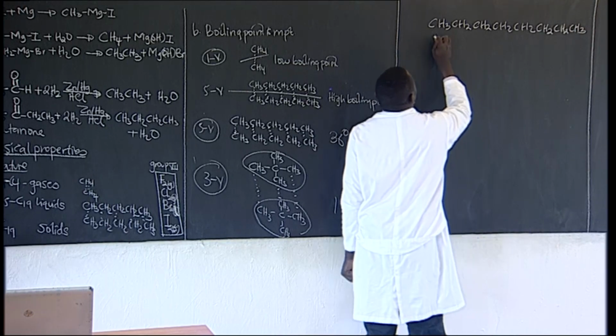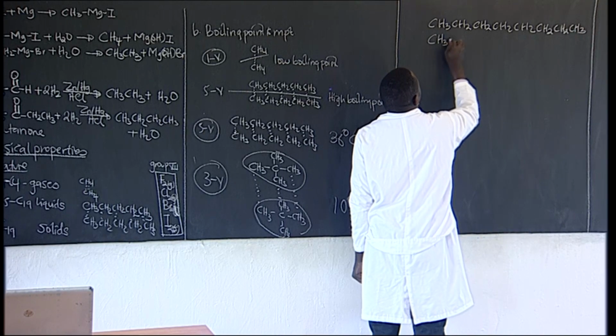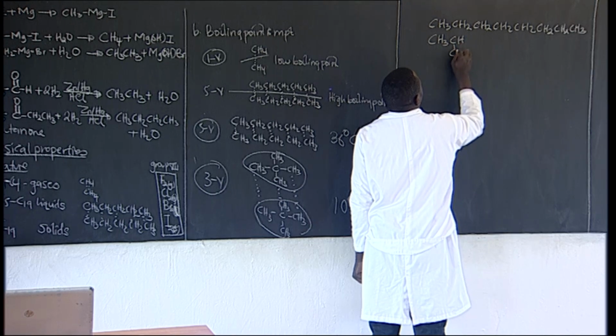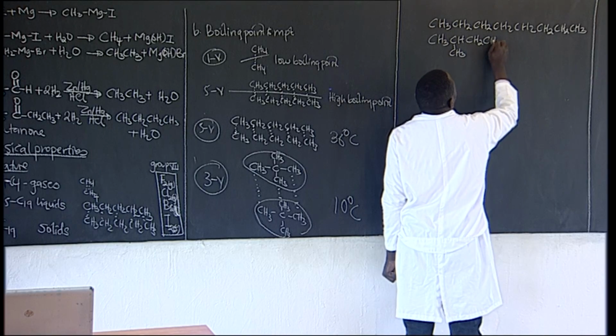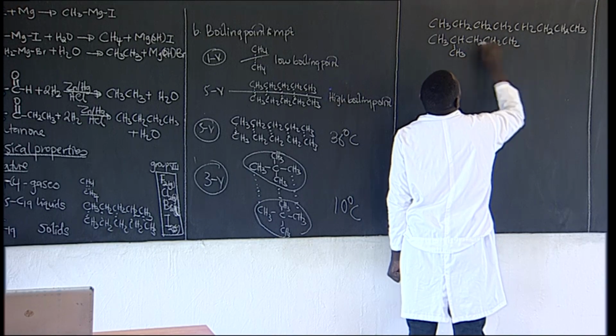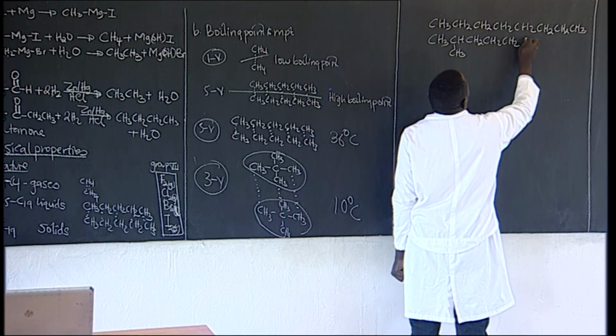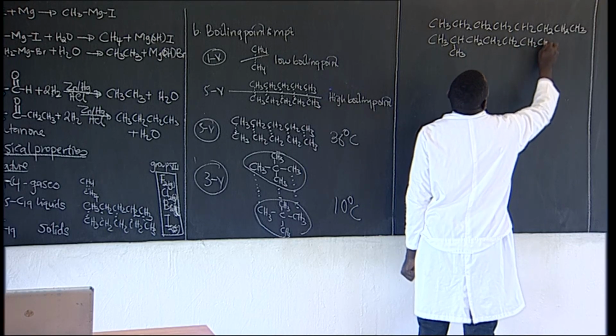Then we have one which has one branch. So we can put a branch here. We have 1, 2, 3, 4, 5, 6, 7, 8.